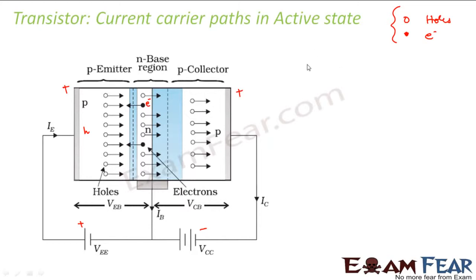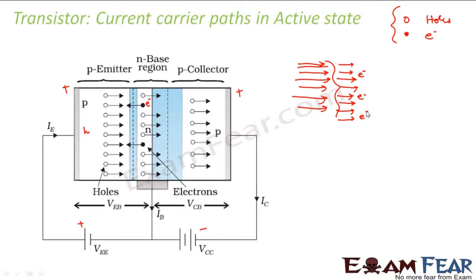So it is somewhat like this. Let us suppose there are so many carriers coming from the emitter. Now these holes reach the base. In the base there are just one or two electrons because it is very lightly doped, so the carrier electrons are very few.